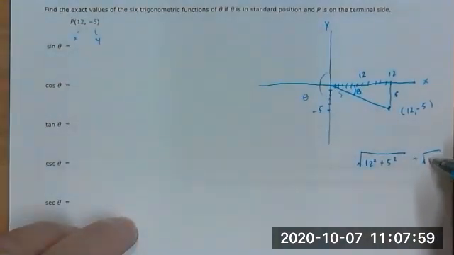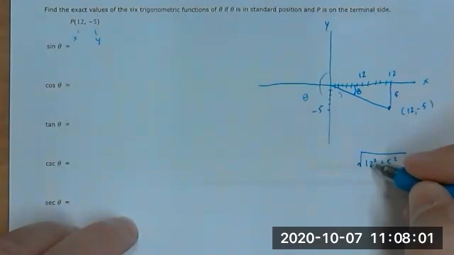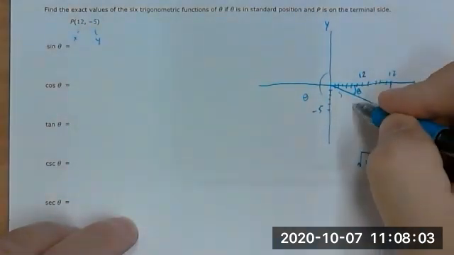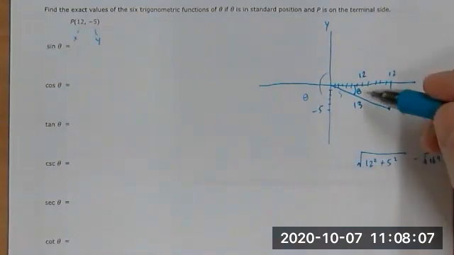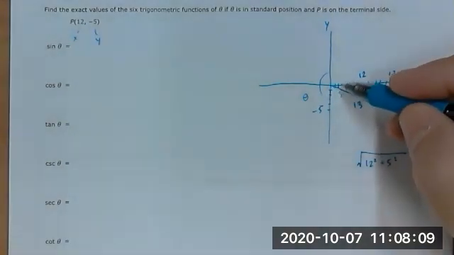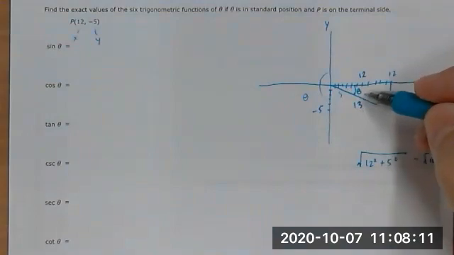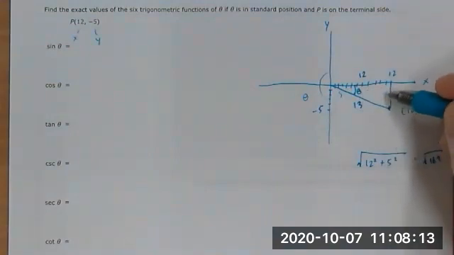So this is the square root of 144 plus 25, which is 13. So now this just simply becomes a problem of finding the trig functions for this right triangle. And of course, my angle is in the 4th quadrant. So after I find the numbers, then I need to attach the appropriate positive or negative sign. And I know I'm in the 4th quadrant.